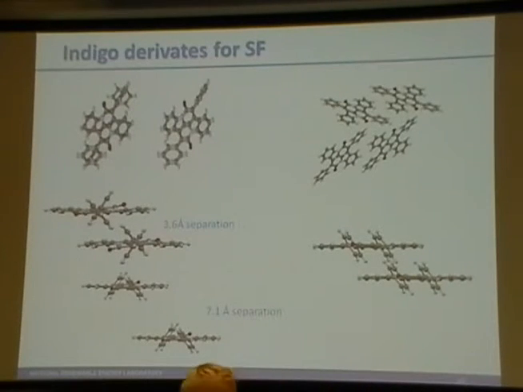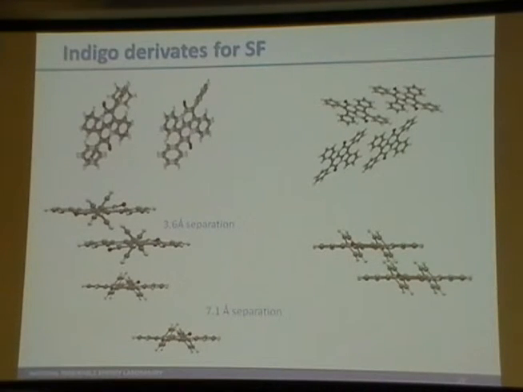Again, we have to go through the same set of experiments that we did with the other compound. We want to look at the interactions between these indigo-like derivatives in a crystal, because we think that pi stacking is probably the best geometry for singlet fission to occur.